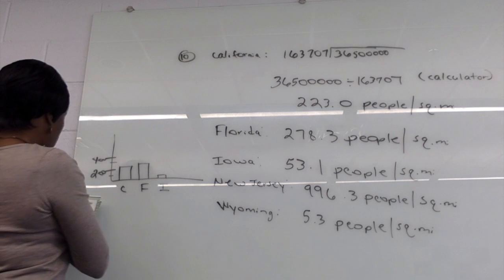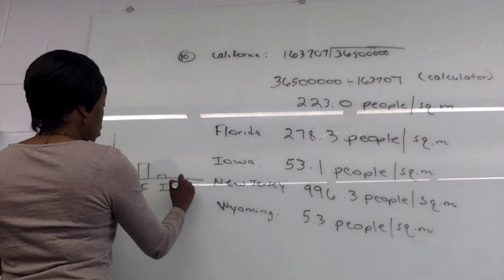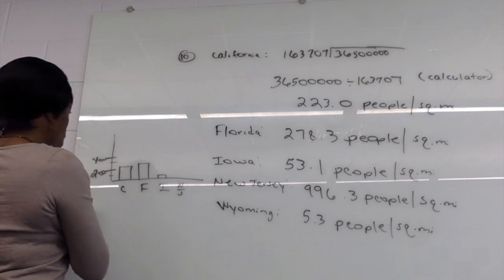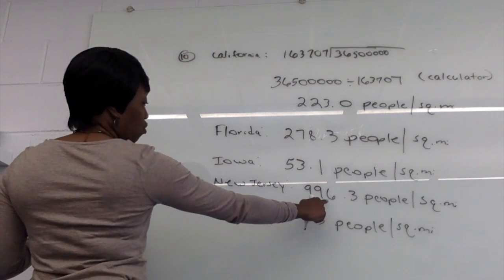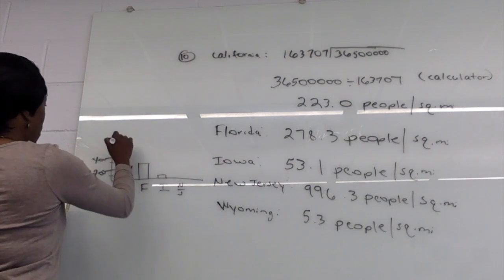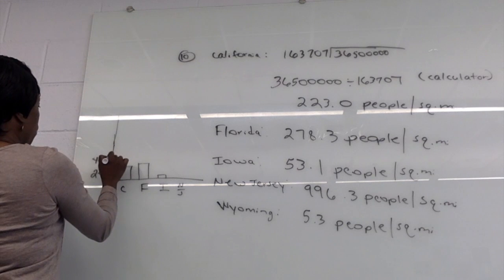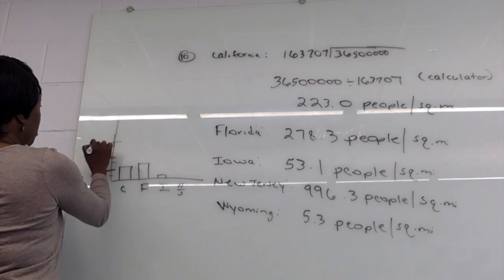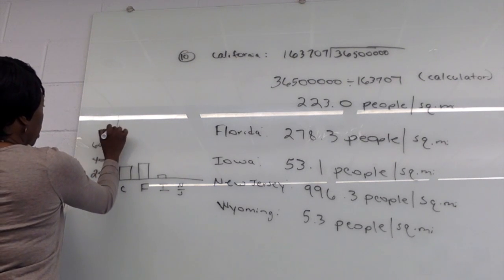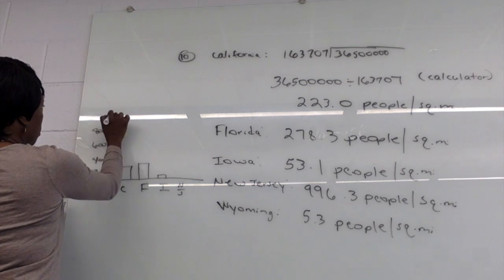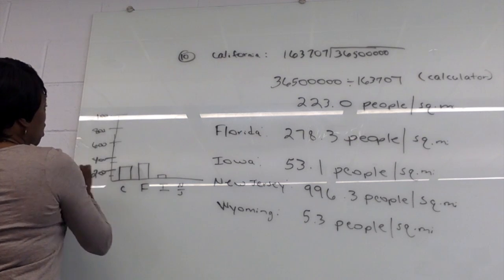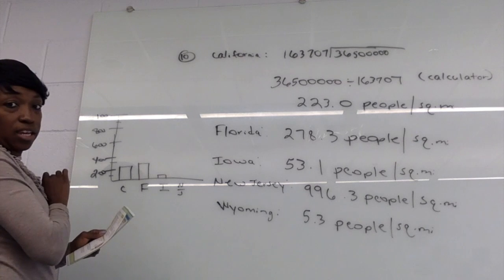And then let's look at New Jersey. New Jersey was 996. Now, that means you got to come all the way up here. There's 200, 400, that would be 600, that would be 800. So this would be 1,000. And we know in between that is 900.